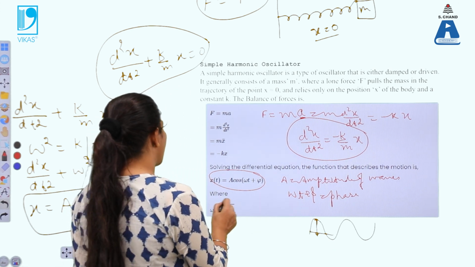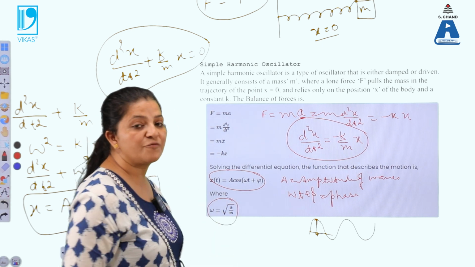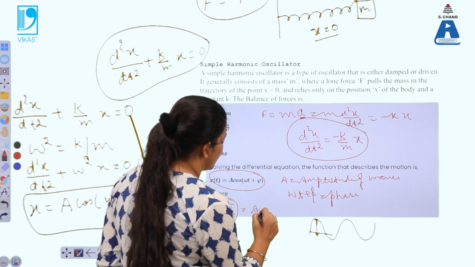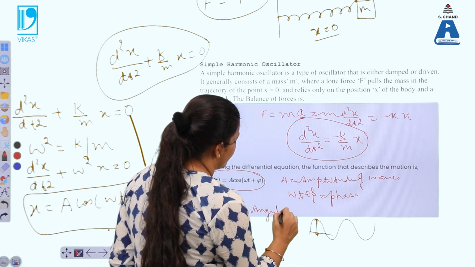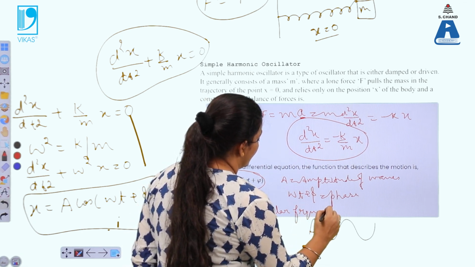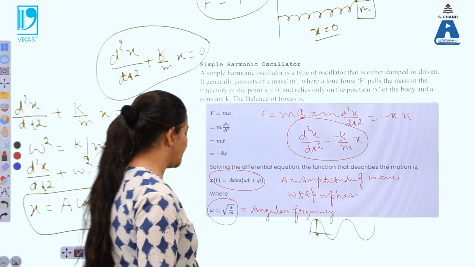And what is omega over here? Omega is called the angular frequency of the wave.